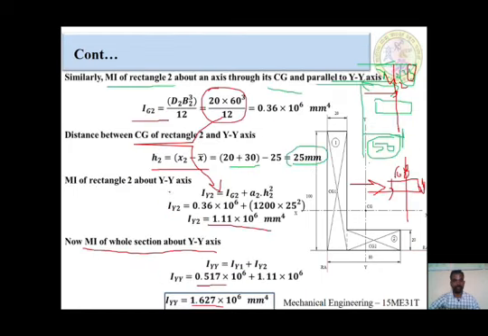After finding this, we calculate Iy2. After calculating Iy1 and Iy2, we calculate the whole moment of inertia about the y-axis by putting those values in this formula. We will get 1.627 into 10 raised to 6 millimeter raised to 4.